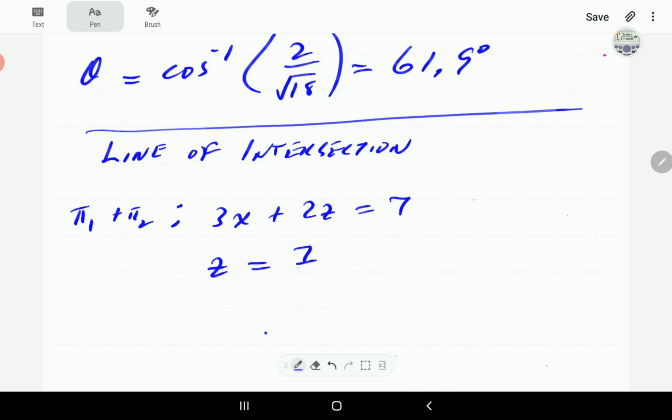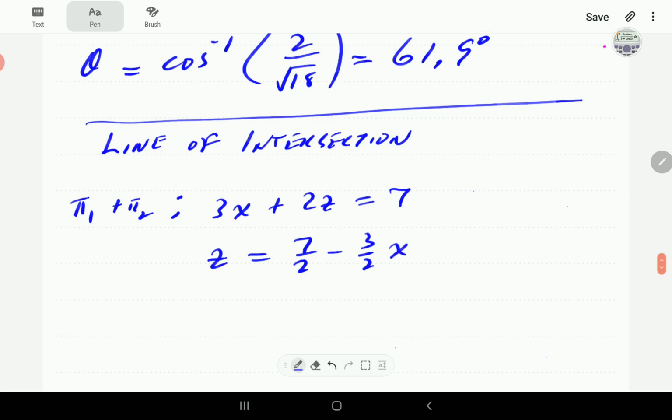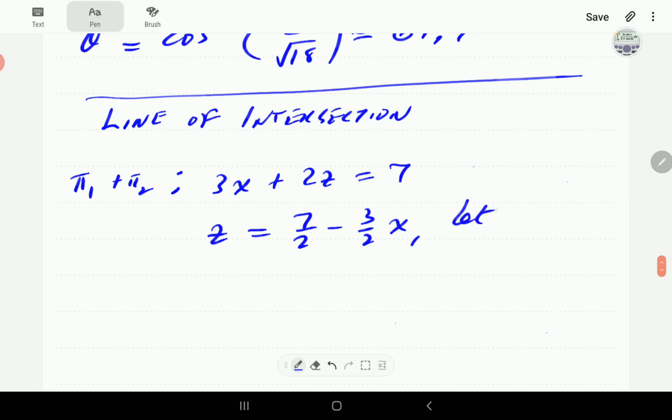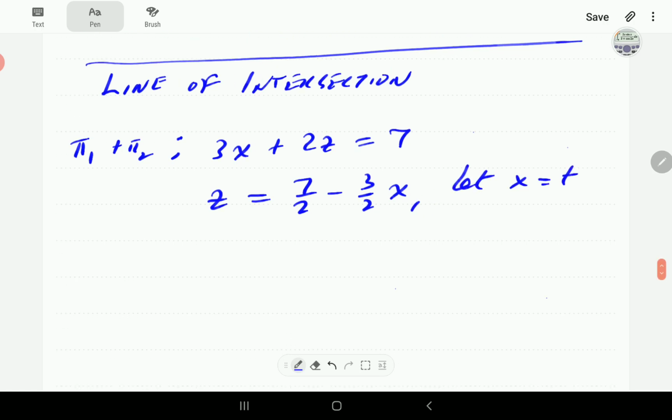So z is going to be 7 over 2 minus 3 halves x. Now, the variable on the right hand side here, I am going to make to be our parameter. So if we let x be a parameter t, then z is 7 over 2 minus 3 halves t.